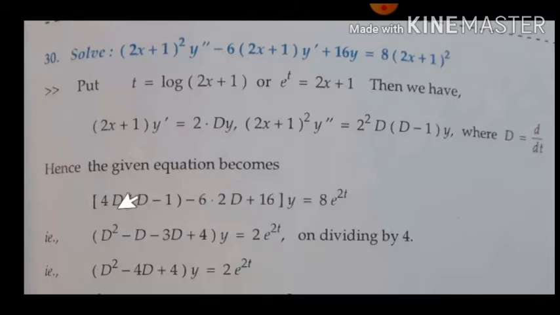So D square minus D minus 3D plus 4 after dividing by 4. Right hand side also you have to divide, so it will become 2. So when you simplify, you get (D square minus 4D plus 4) y equal to 2 into e to the power of 2t.